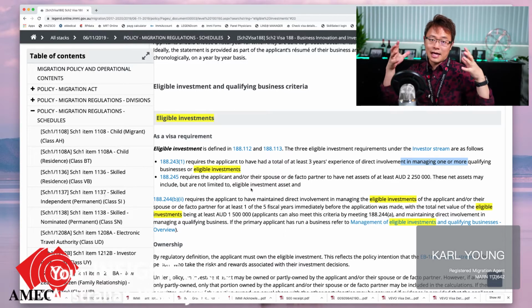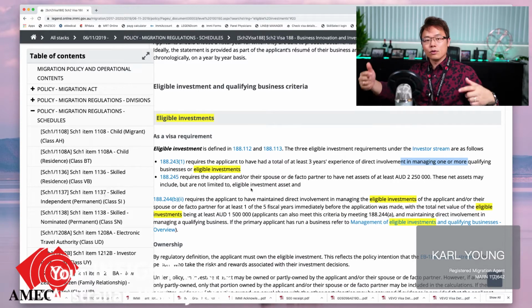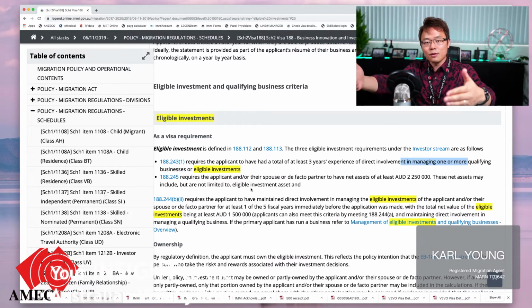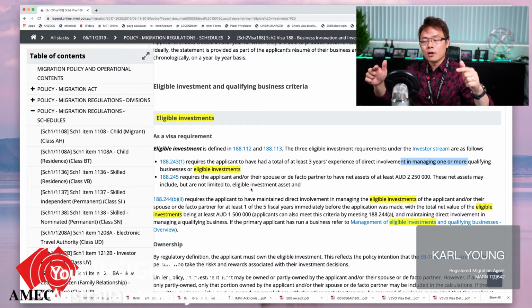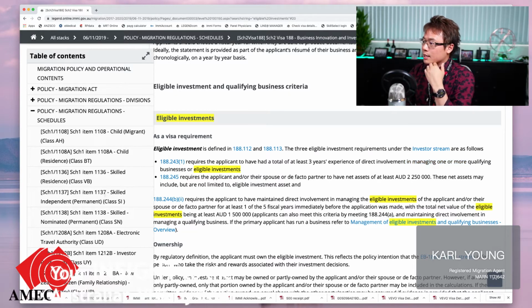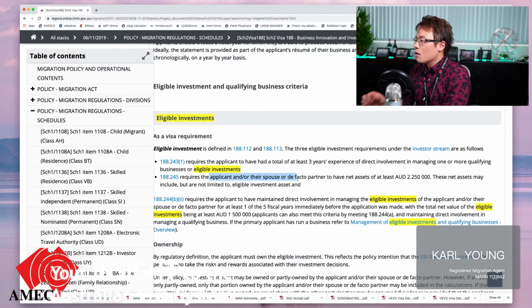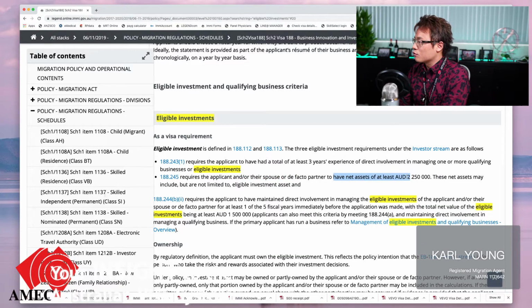So this is actually the act, the law from the act, and then we will interpret it, and we will also see how the policy implementation requires the immigration officer to assess your investment background. And 188.245 requires the applicant or the spouse or de facto partner to have net assets of at least Australian dollar 2.25 million.